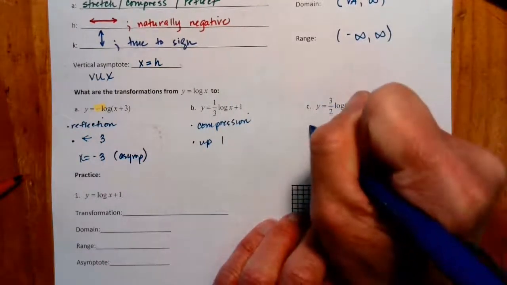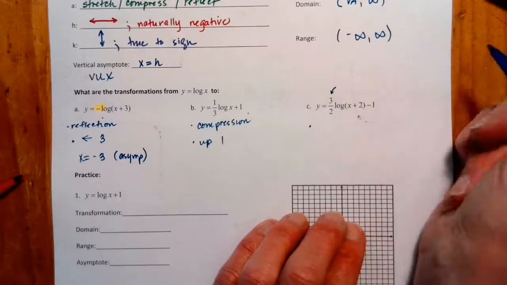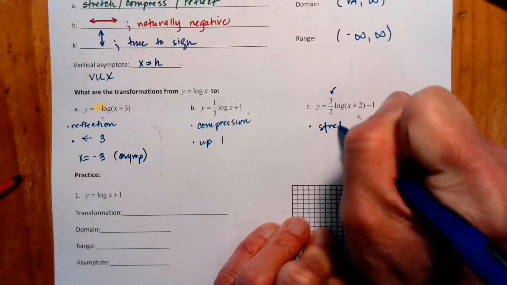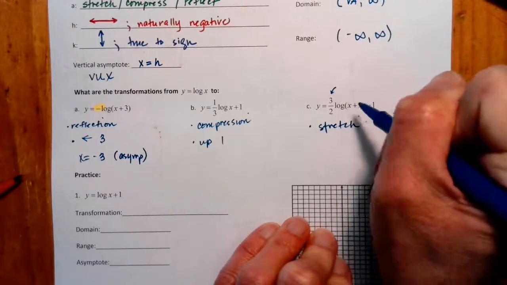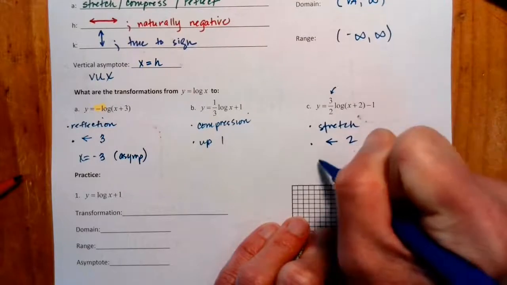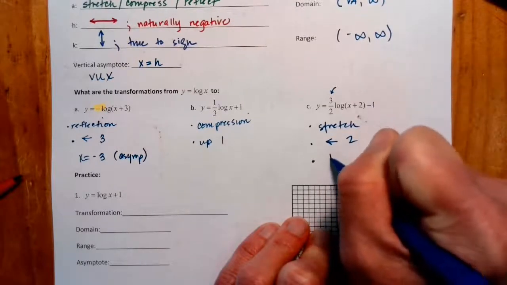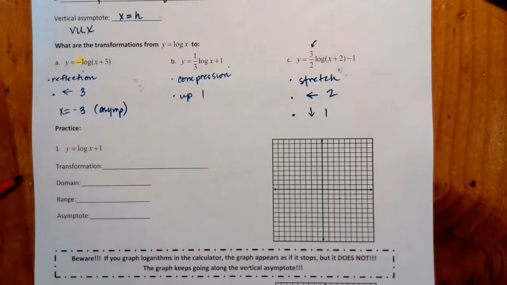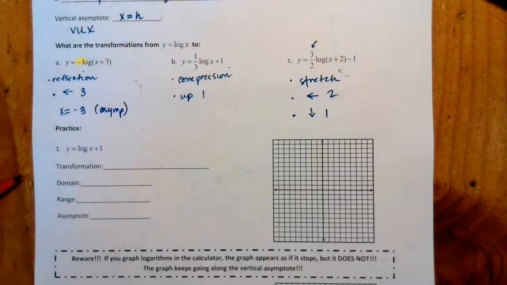If I look at this next one, because this value is greater than 1, it's going to represent a stretch. This +2 is going to move my graph to the left 2, and this -1 is going to move my graph down 1.